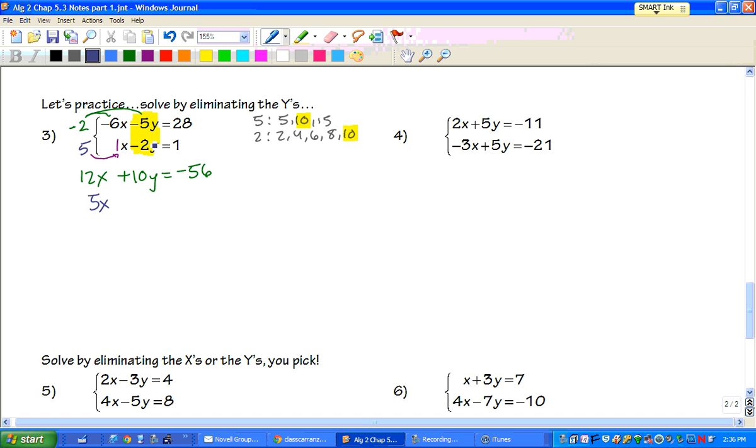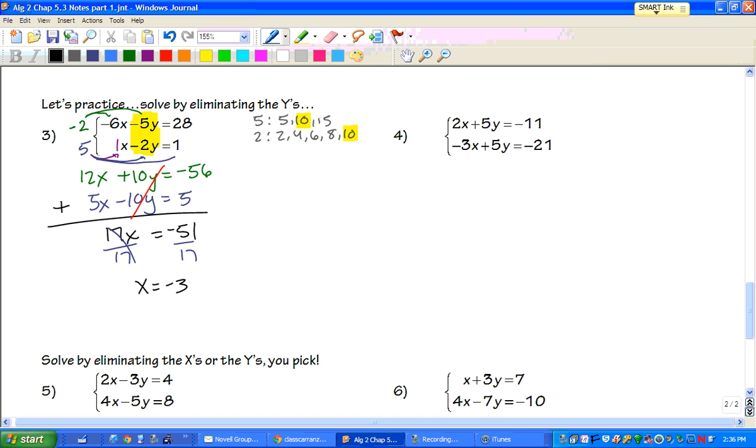So that would be 5x minus 10y equals 5. Add them up. Y's cancel. You get 17x equals negative 51. Divide both sides by 17. And we get x equals negative 3.